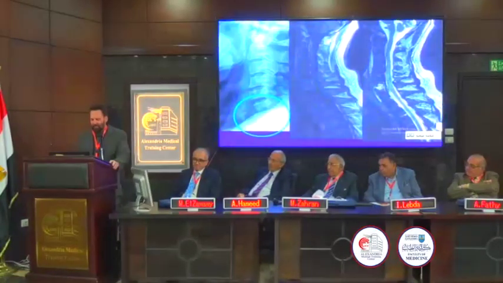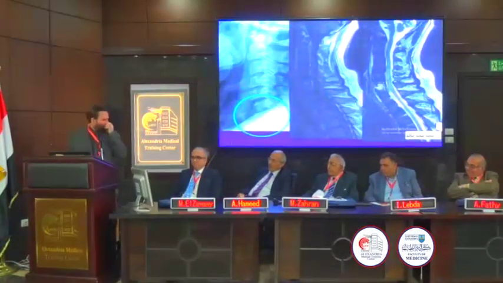It more commonly involves more than one level, and you tend to get perispinal abscesses that you don't get in pyogenic organisms. So tuberculosis of the spine with large perispinal abscesses.